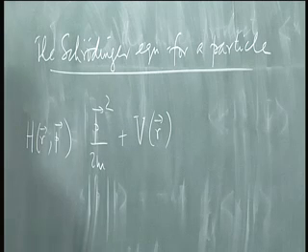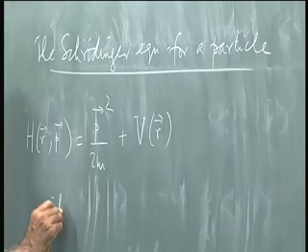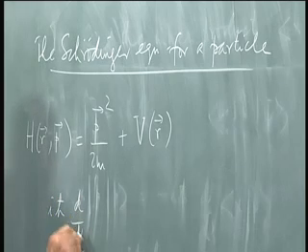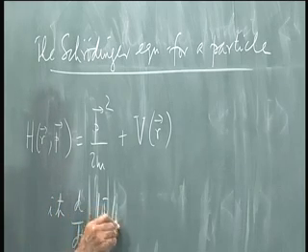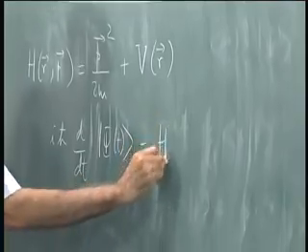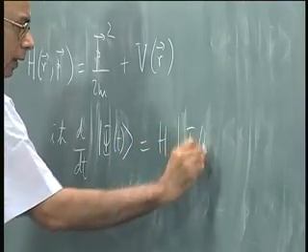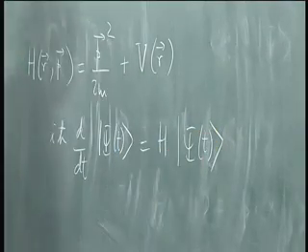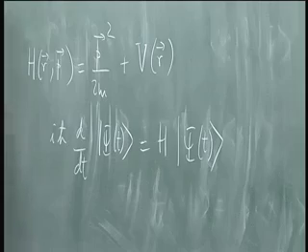The Schrodinger equation is i h cross d over dt of |psi of t> equal to the Hamiltonian operator acting on |psi of t>. That is the abstract equation.